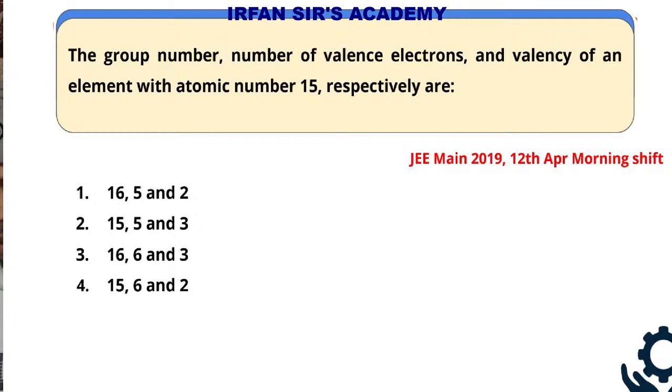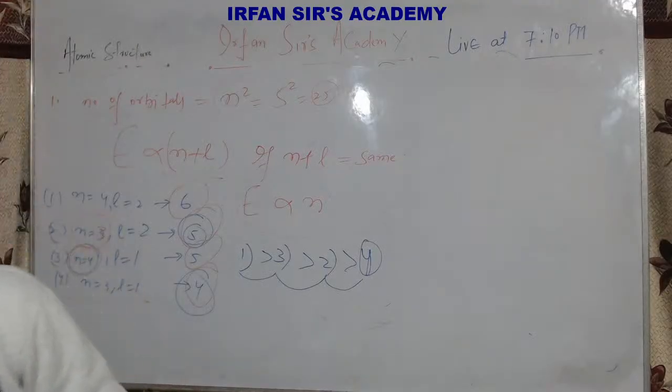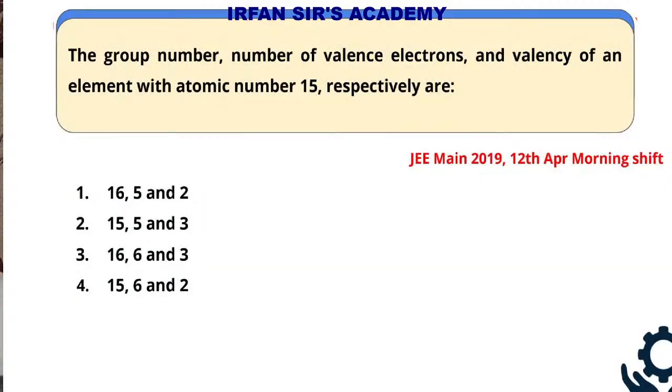The question: the group number, number of valence electrons, and valency of an element with atomic number 15 respectively are. Farzana, second; Asif, second. Okay, we'll see. The options were 15, 5, 3 and 16, 5, 3.